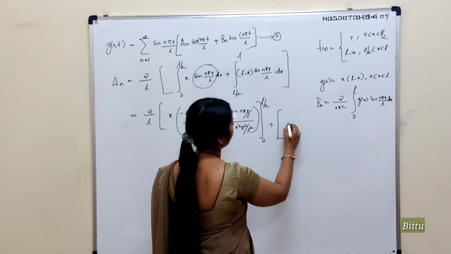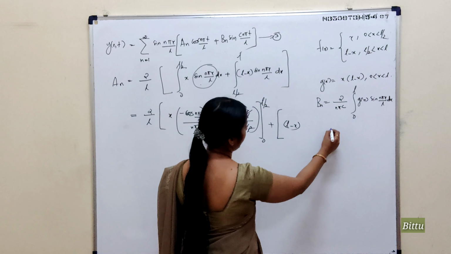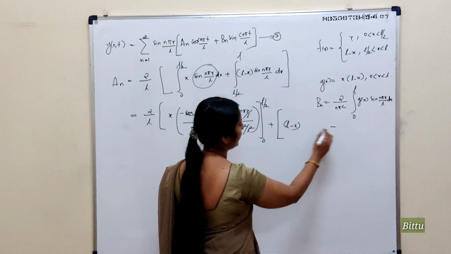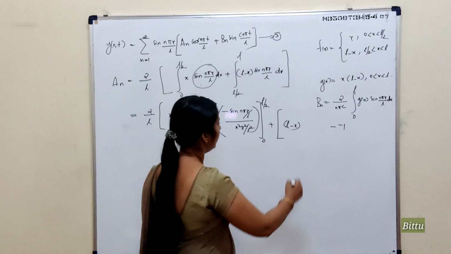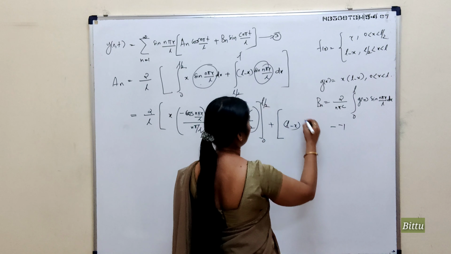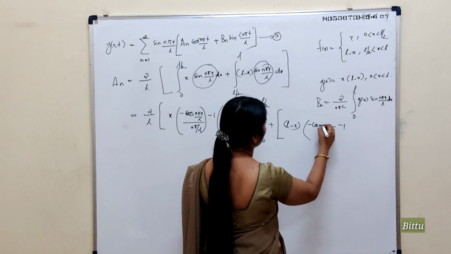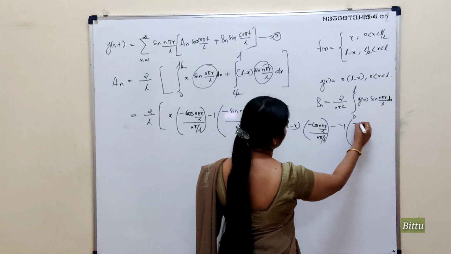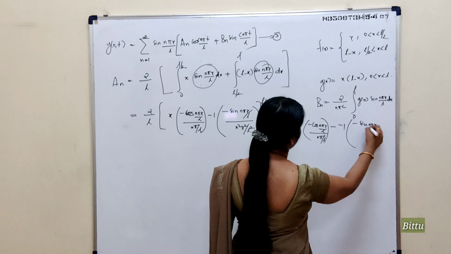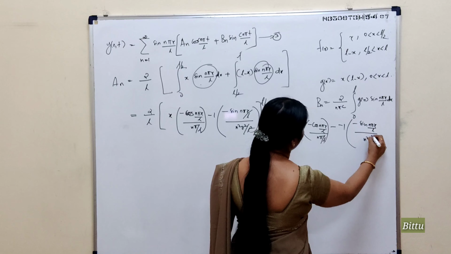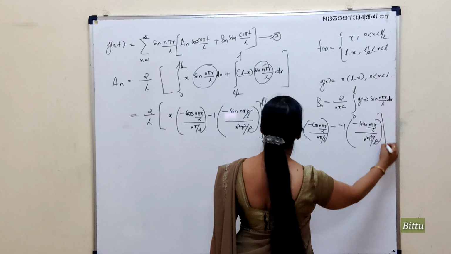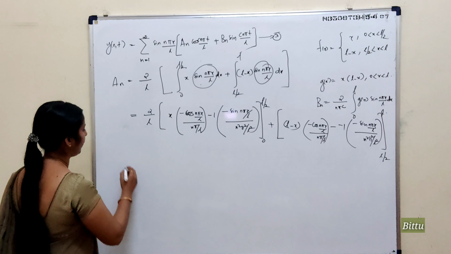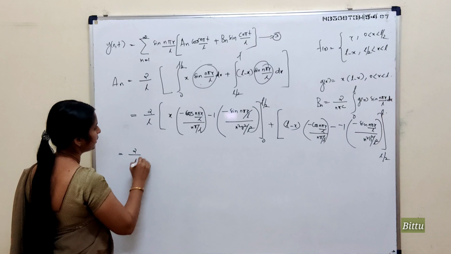for integrating this product, you start with the polynomial L minus x. You write its successive derivatives by assigning alternating signs. Here its derivative is minus 1. You consider the second term and write its integral here. It is minus cos n pi x by L by n pi by L, then minus sin n pi x by L by n square pi square by L square, from L by 2 to L. Before applying the limits, you simplify the terms.